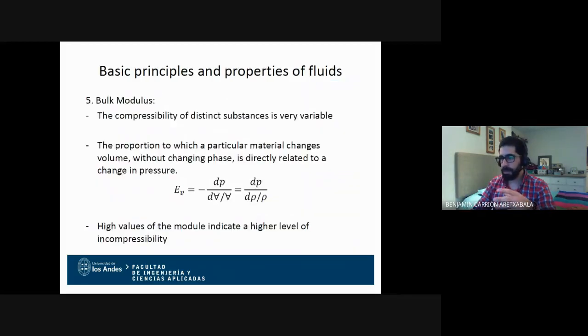And then the formal definition is this one. So a change in pressure, how much change on relative volume it changes. So you see it's delta volume divided by volume. So it's a relative change in volume. And since volume is the inverse of density, you can also express this with the specific mass, rho.